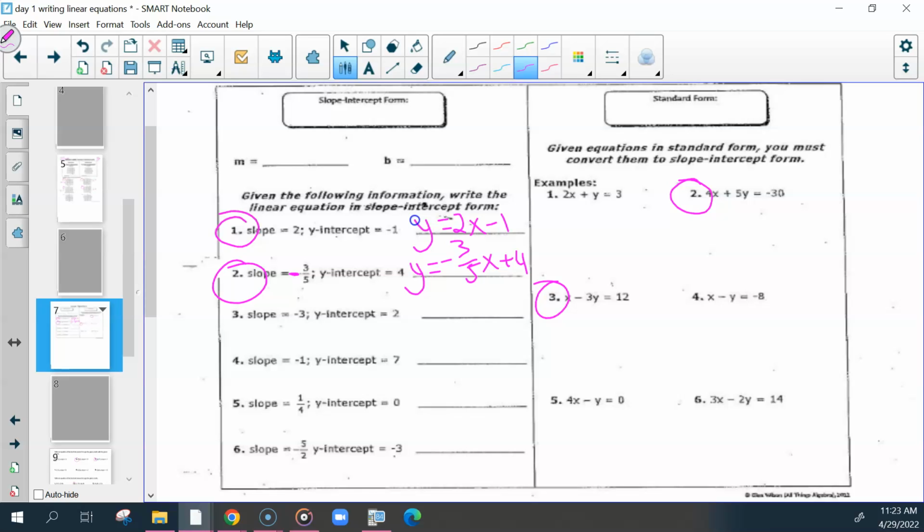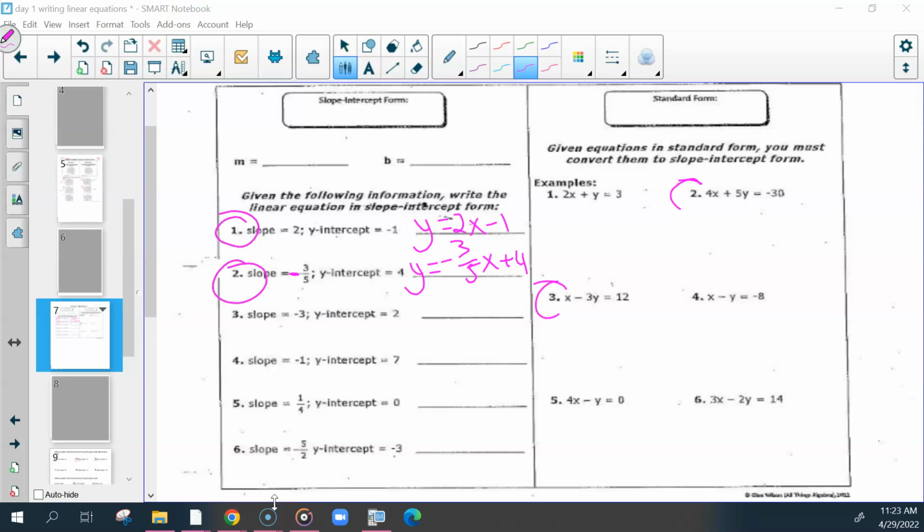Now we're going to switch gears. Now we're given equations in standard form and we need to convert them back to slope-intercept form. Starting with number 2, does anyone remember how we do that? You're close.